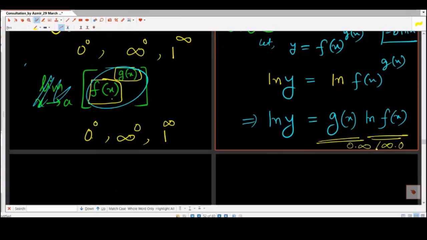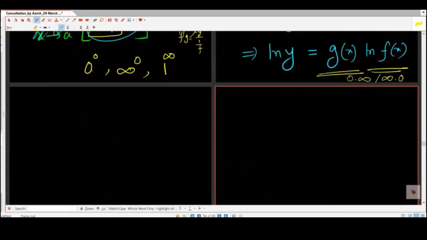So if we have type 3, we know how we can convert this 0 times infinity or infinity times 0 to 0 by 0 or infinity by infinity. We know if we have fg, then we can write f over 1 over g. Or if we have fz, we can also write z over 1 over f. That means now we have type 3.